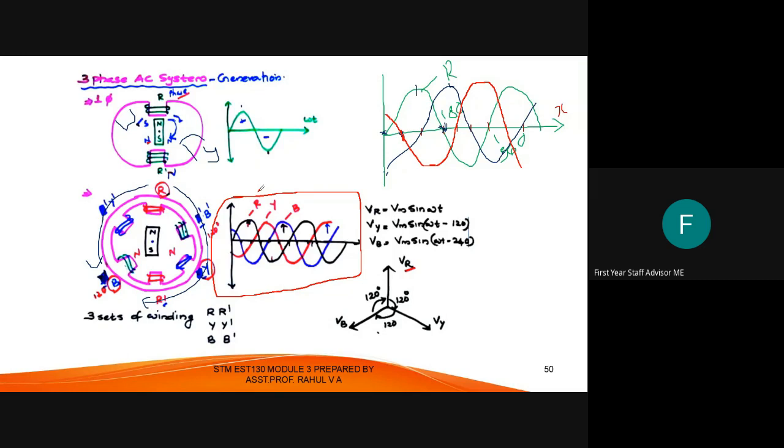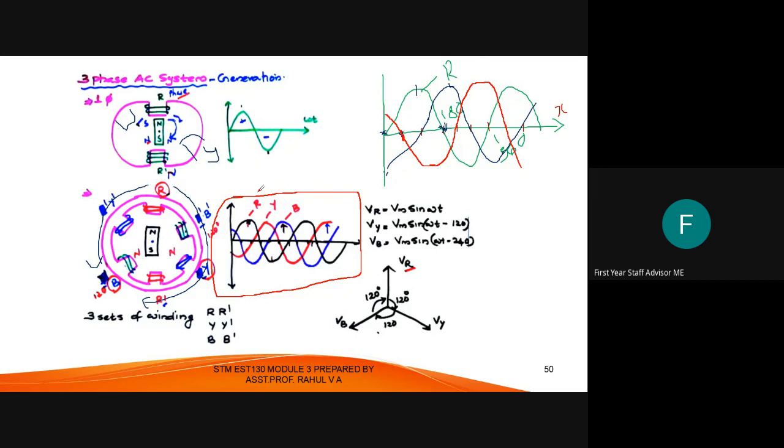Okay. Now I have taken the same generator. What I am going to do is add another winding, and the winding name is Y, and it is placed 120 degrees away from the R winding.